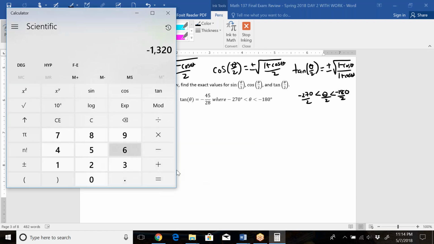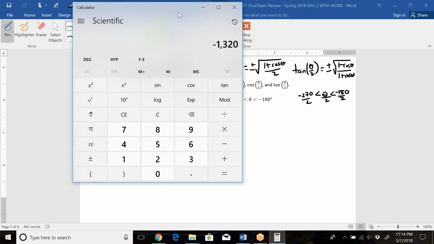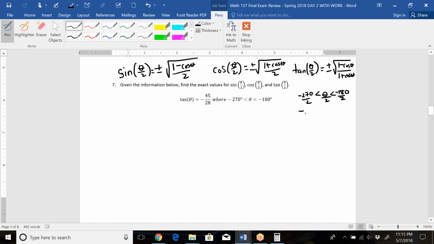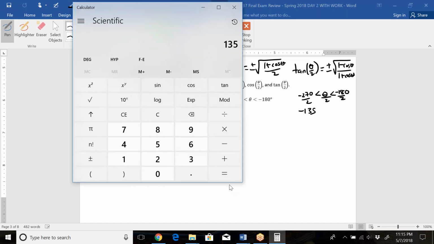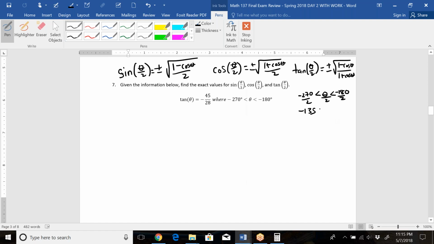So negative 270 divided by 2 is negative 135, and negative 180 divided by 2 is negative 90. So just imagine for a second where that would be if you're going counterclockwise. So negative 90 is here, negative 135 is here. That means you're going to be in quad 3 for your half angle.